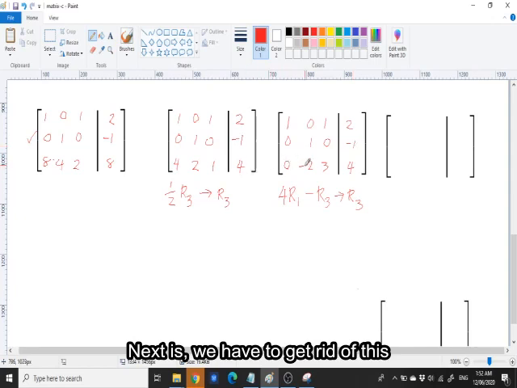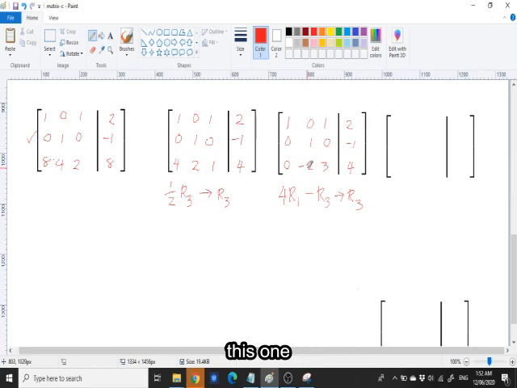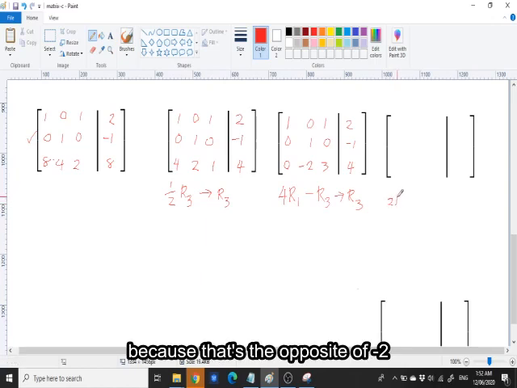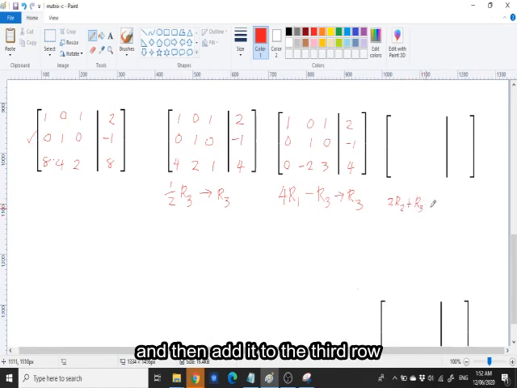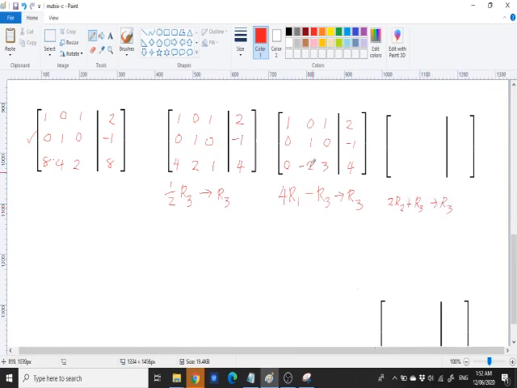Next is we have to get rid of this one. So what I'm gonna do is I'm gonna multiply the second row by positive 2, because that's the opposite of negative 2, and then add it to the third row. That will replace the third row. So 0 times 2, well, it's just 0.